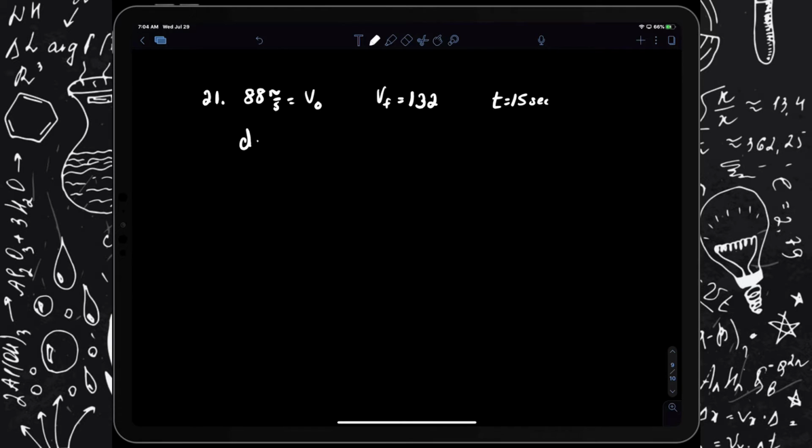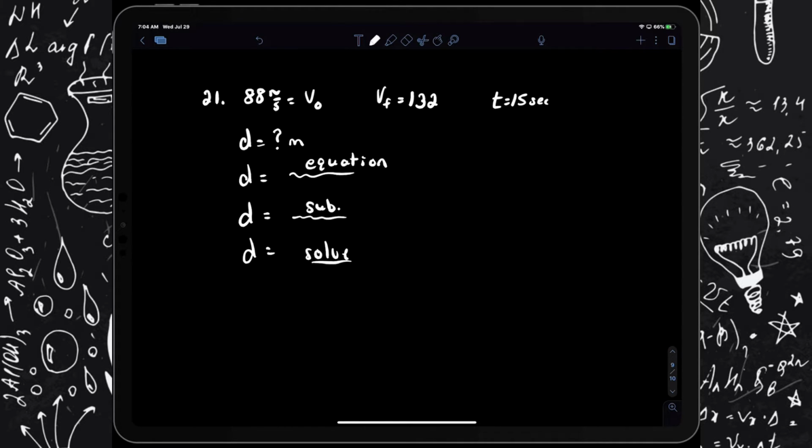All right. You know how to figure this one out. We've done a couple of them. You go ahead and fill in your substitute. This is your equation, your substitute, and then the last thing is the solve.